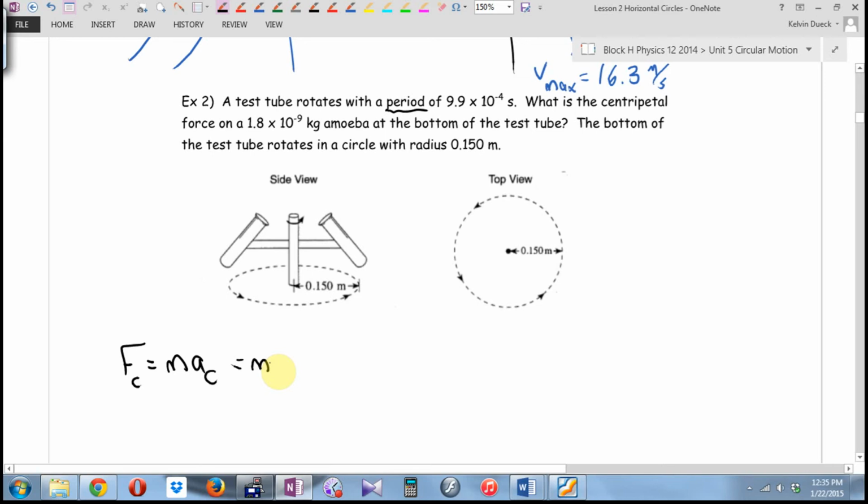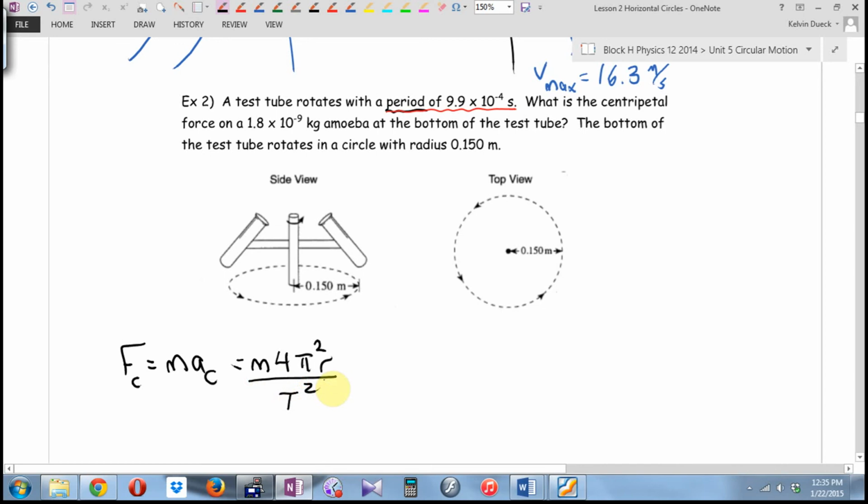Which equation do I want to use for acceleration? The one with period in it. How do I know? That's what they gave me. So I'm going to use, Anthony, the 4 pi squared r over T squared.